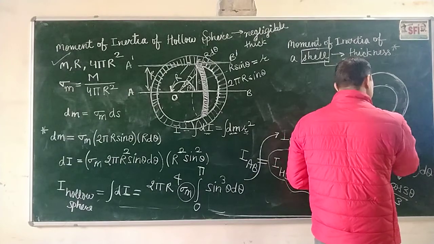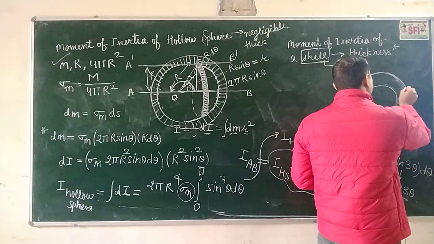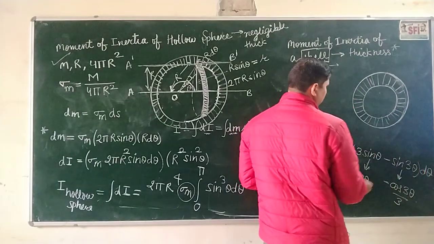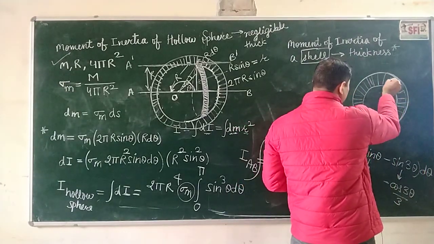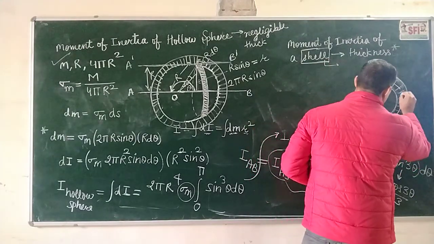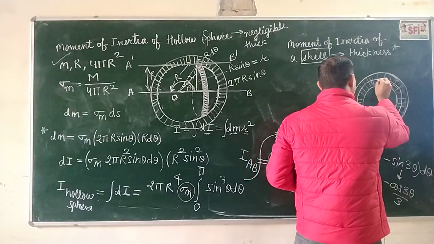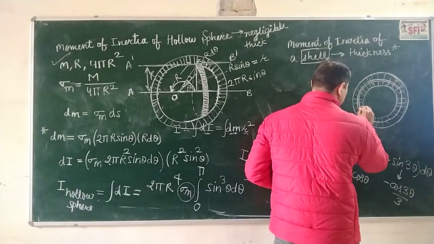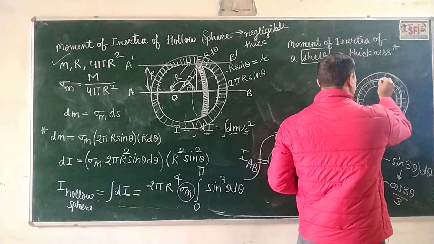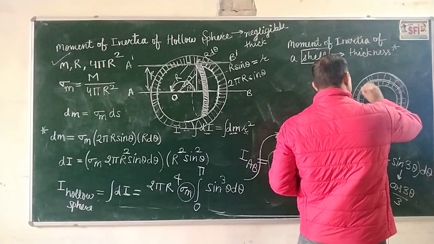And we are to find the moment of inertia here. To find the moment of inertia, we will divide this cell into hollow spheres. You see here, this is a hollow sphere.